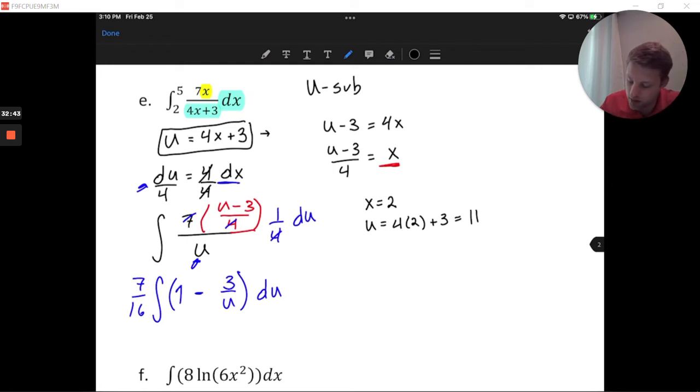So that's going to be my lower bound. And then when x is equal to 5, we can take the u as 4 times 5 plus 3, or 21, or 23, excuse me, 23. So I've got my upper bound of 23.